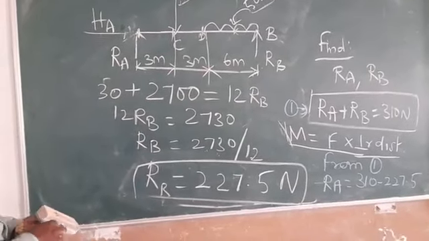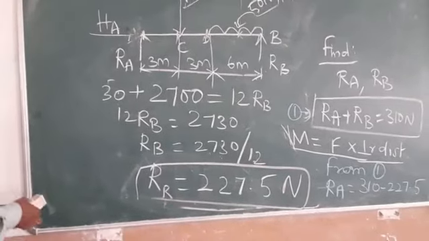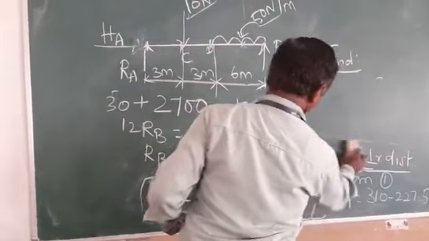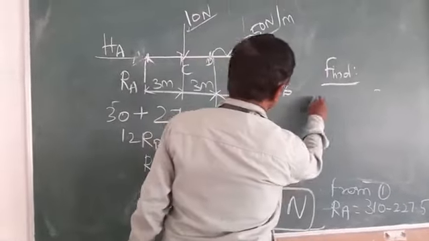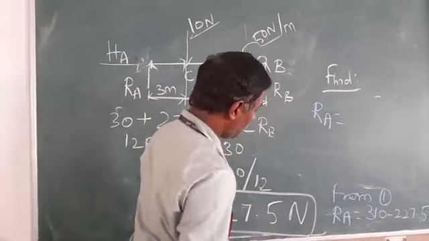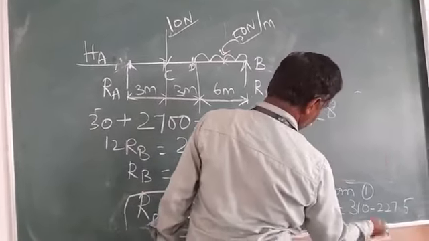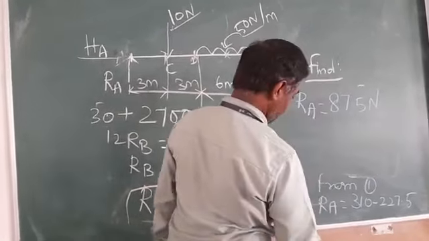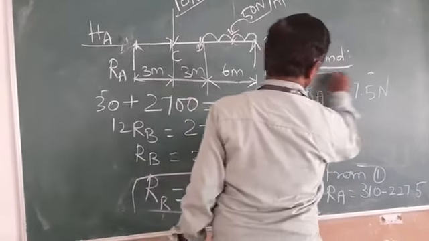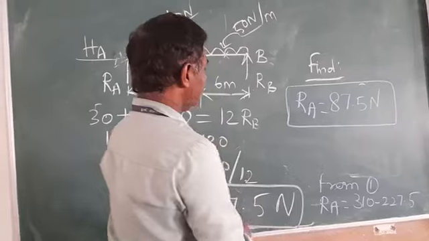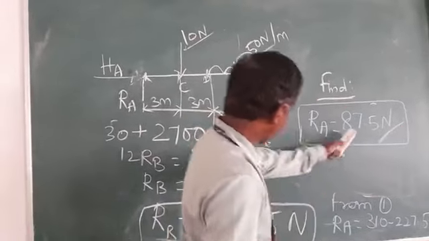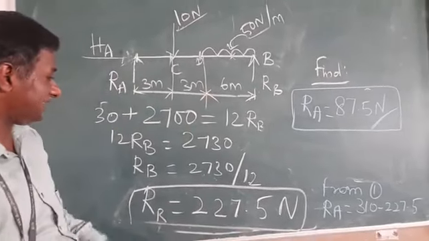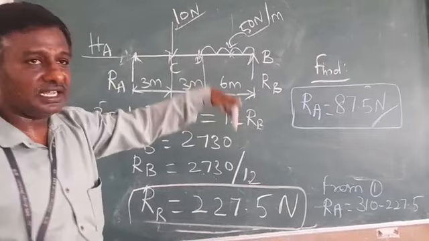So the value of RA equals 87.5 Newton. This is the answer. If you add 87.5 plus 227.5, that totals 310, which is the total load acting on the beam.